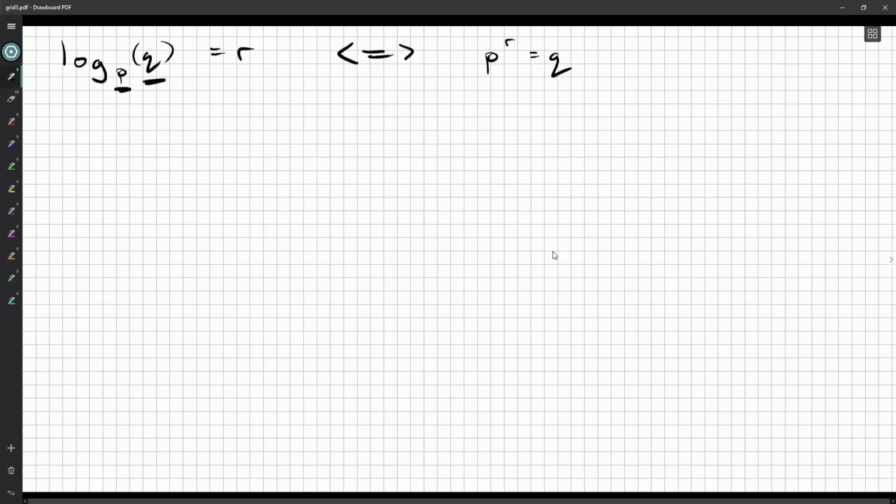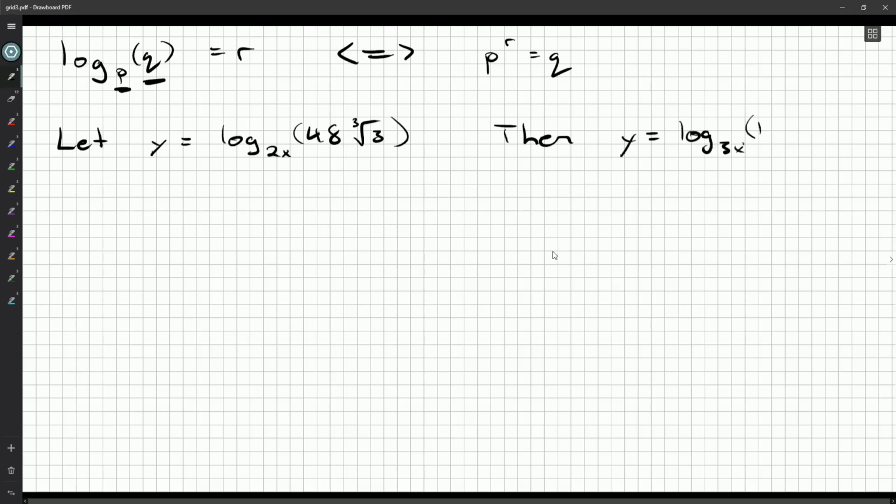That's all it is. So, we've got to write it up, so let's be a little more precise. Let y equal log base 2x of 48 cube root of 3. Then, because they're equal, we know that it's also equal to log base 3x of 162 cube root of 2.